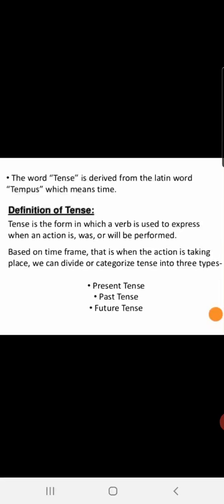Based on time frame, that is, when the action is taking place, we can divide or categorize tense into three types: present tense, past tense, future tense.